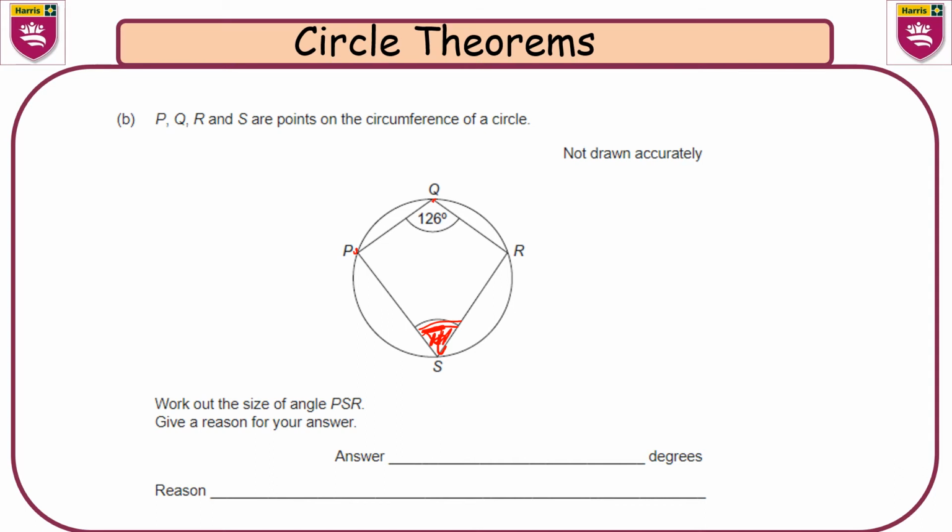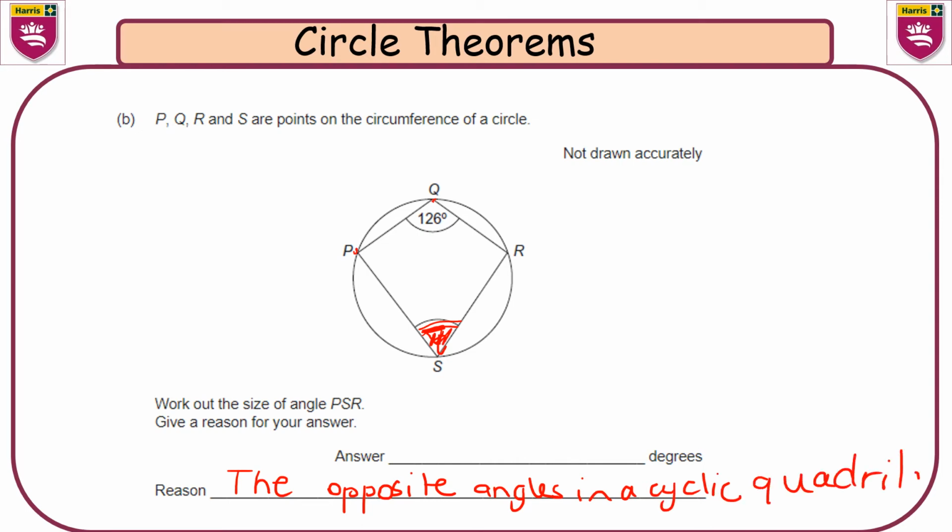I'm going to write out my reason: the opposite angles in a cyclic quadrilateral add to give us 180.